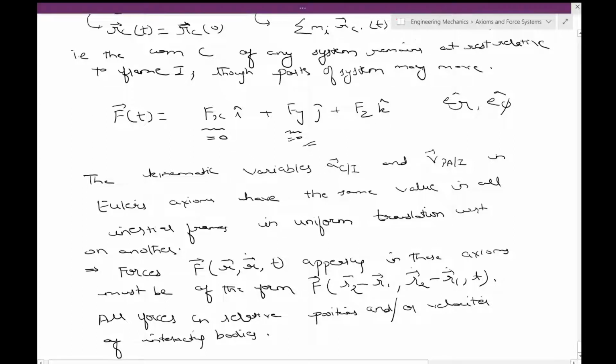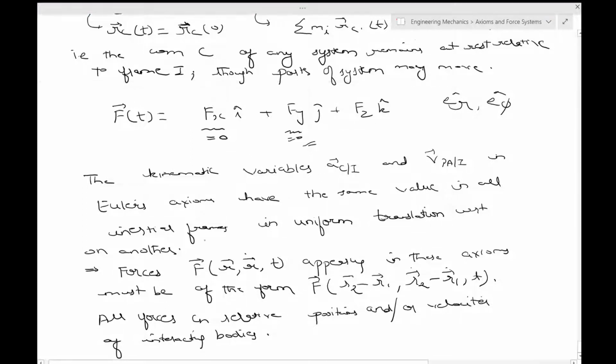Okay, so you must try to answer this question: why is it that if you have inertial frames in uniform translation with respect to one another, the variables ACI and VPAI will have the same value.